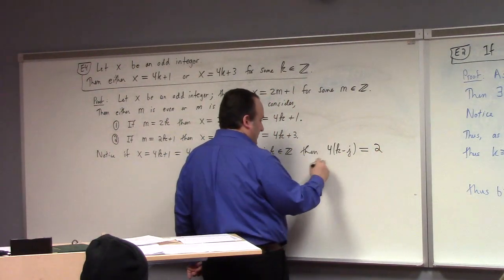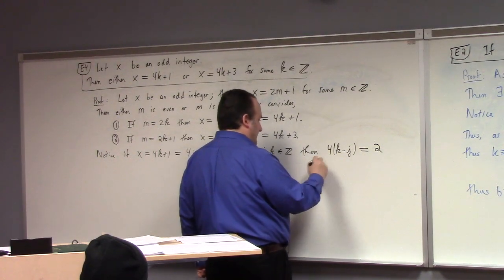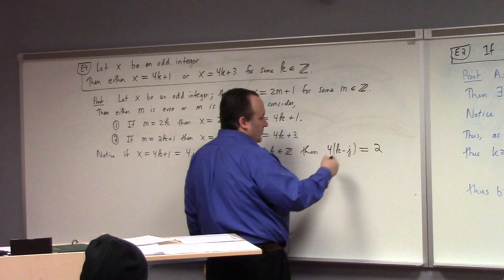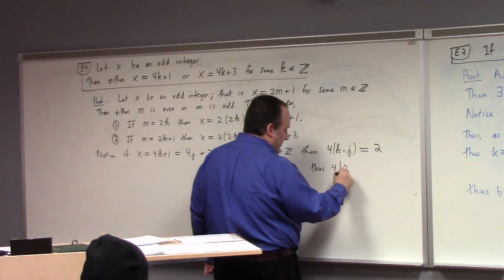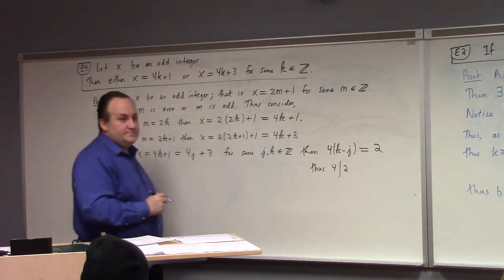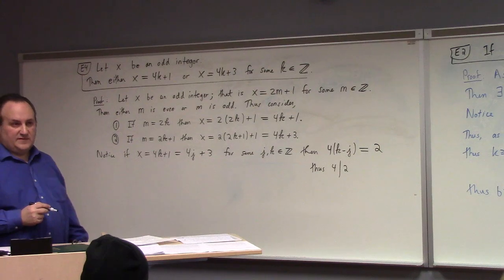But this is impossible, right? What would this say? This would say, thus, 4 divides 2. That's what that equation says. It says 4 divides 2.